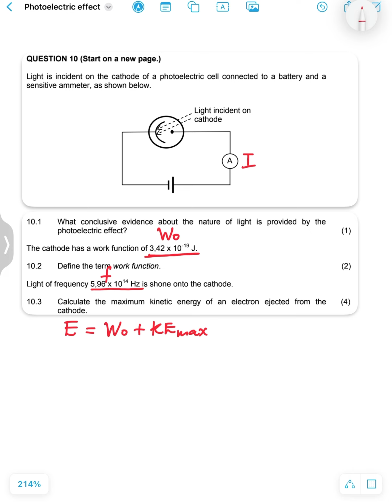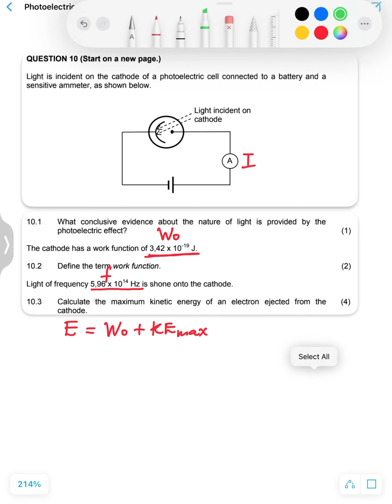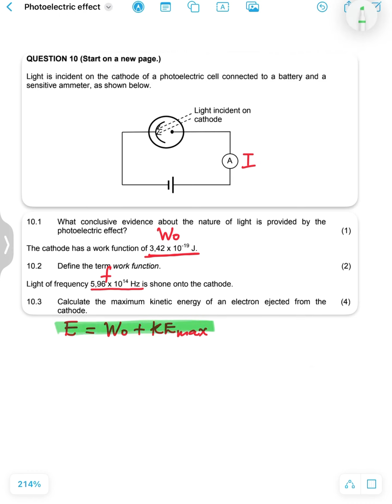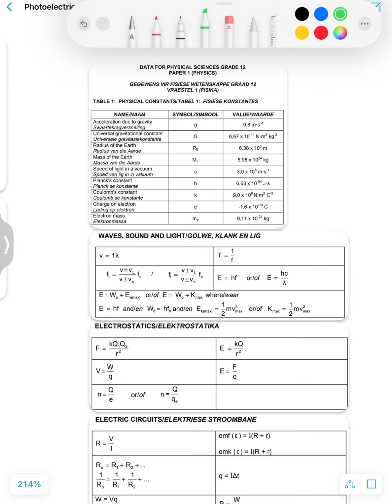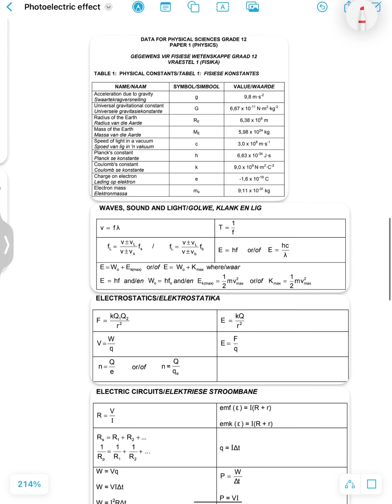This formula is actually given in your formula sheet, so you don't have to memorize it.